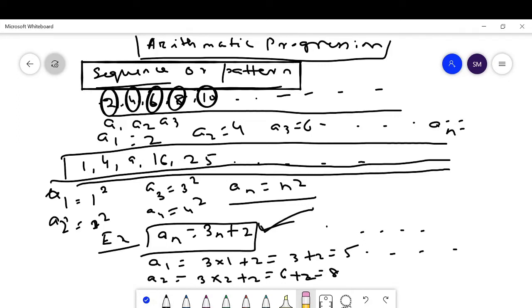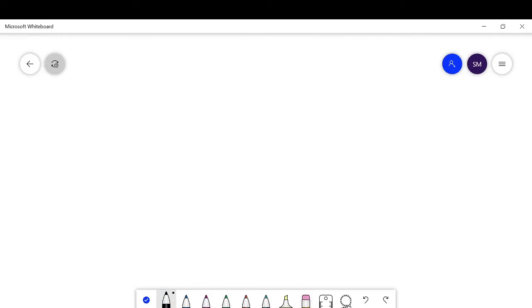Take another example. Here is another given pattern: an is n square plus 1. We have to find A7 and A9.